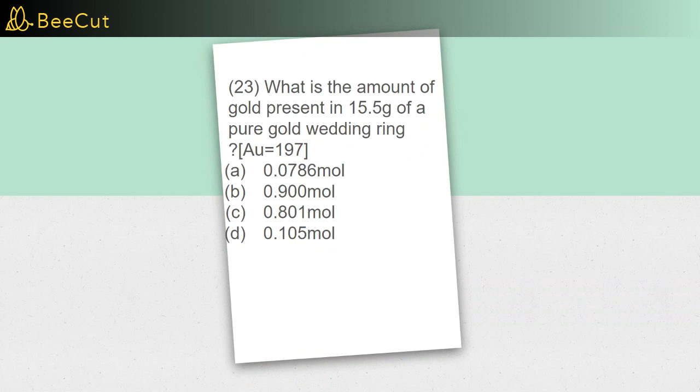To do this, amount is mass over molar mass, which is 15.5 divided by 197. The answer is 0.0786 mole, which is option A. That's the correct answer, option A.